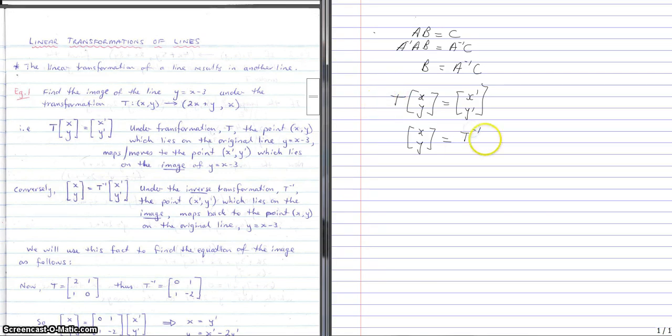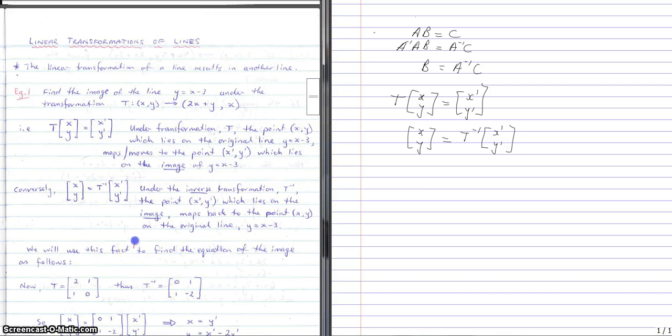That's what we have here, the inverse of T multiplied by the image point. So under the inverse transformation, the inverse of T, the point (x', y'), which lies on the image, maps back to the point (x, y) on the original line. If we applied the inverse transformation to the image, that would produce back our original point, going in reverse.